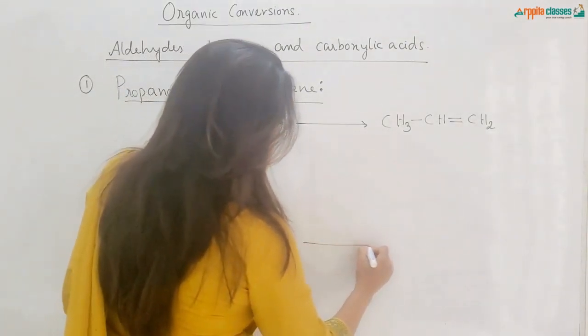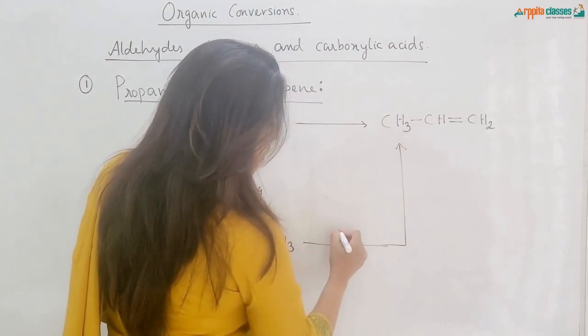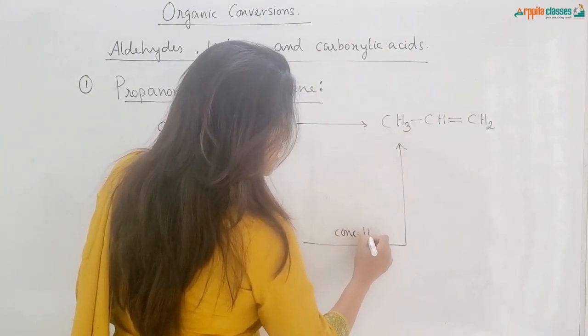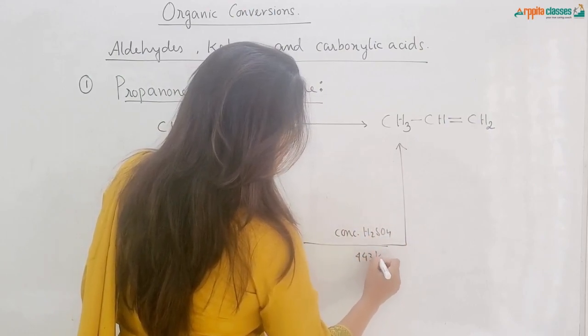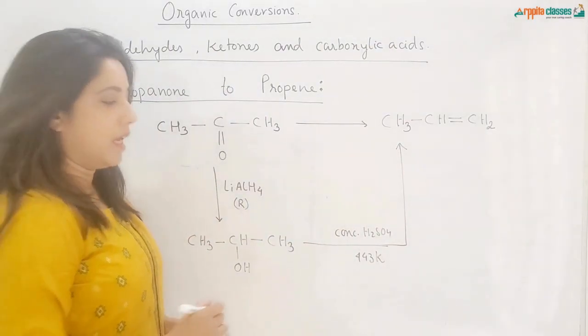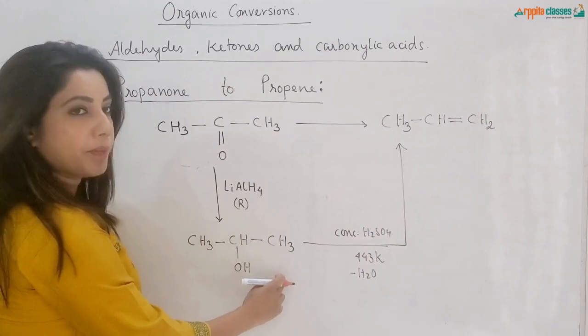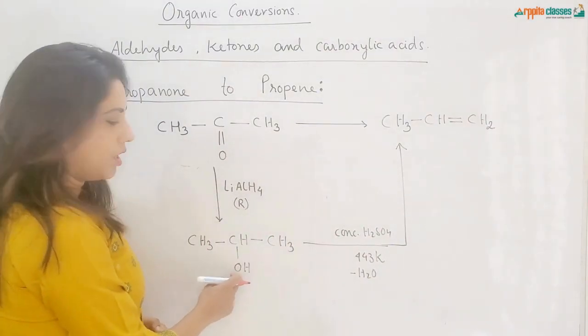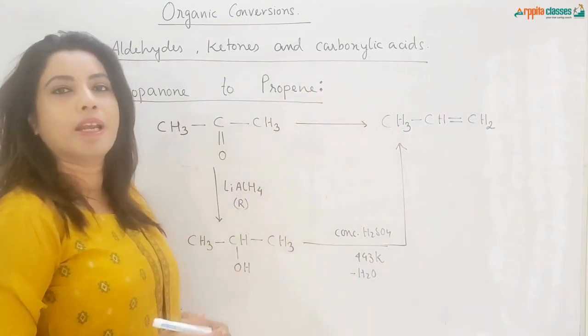Now if I do dehydration of this secondary alcohol with the help of concentrated H2SO4 at 443 Kelvin temperature, what will happen? Minus H2O, water will come out. So one hydrogen from here and OH from here. So HOH will come out and there will be a double bond created. So we'll get propene.